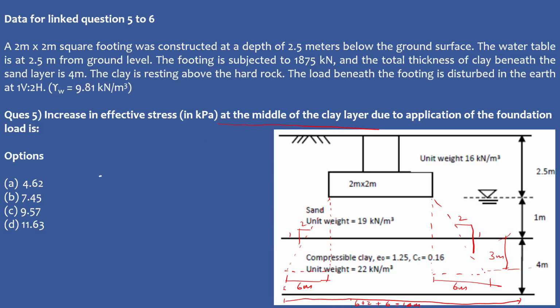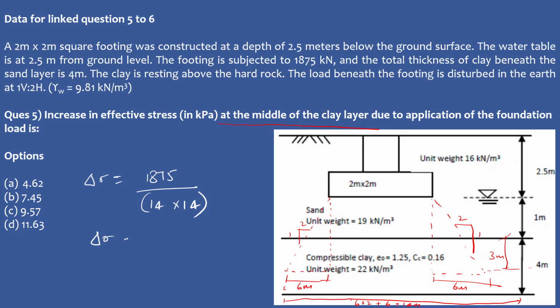So your increase in effective stress, your delta sigma, is none other than: since your footing is subject to 1875 kilonewton and your total dimension is 14 by 14, since it's a square footing, 14 here and 14 in the direction perpendicular to the plane which has been shown.